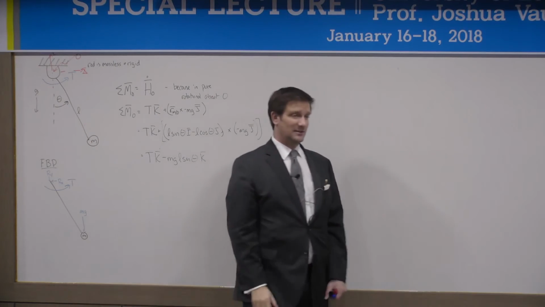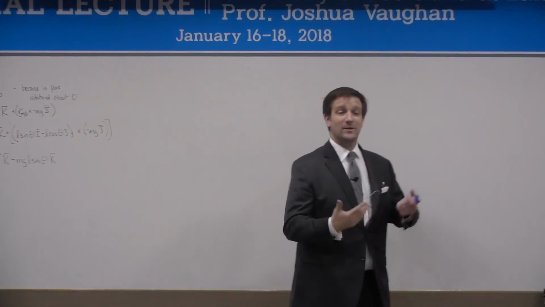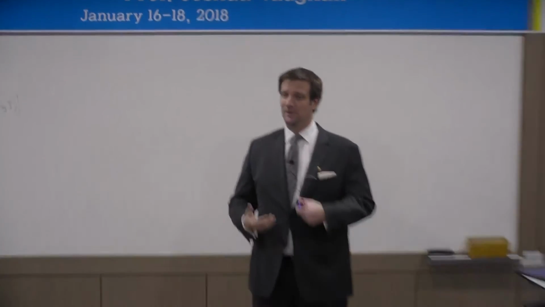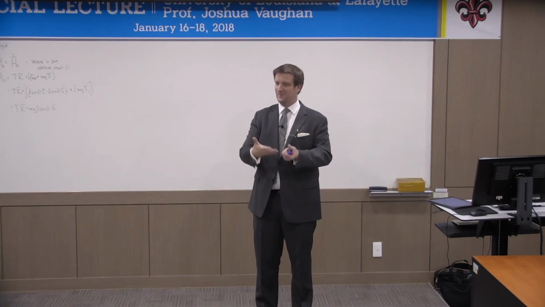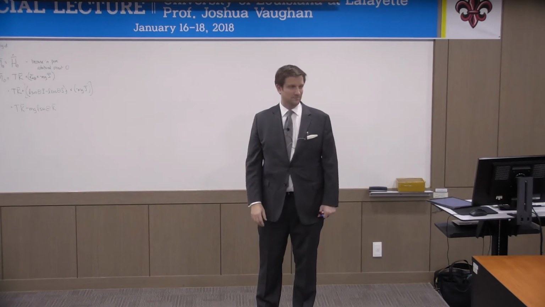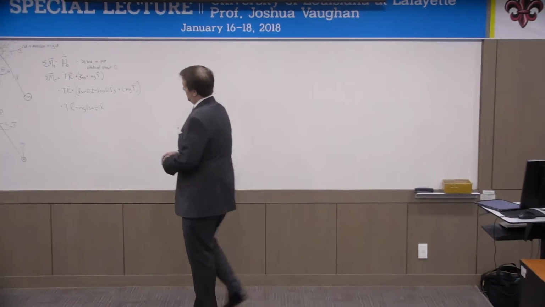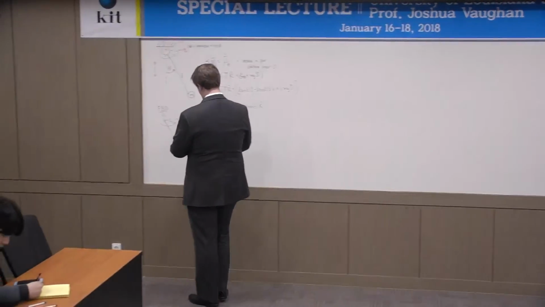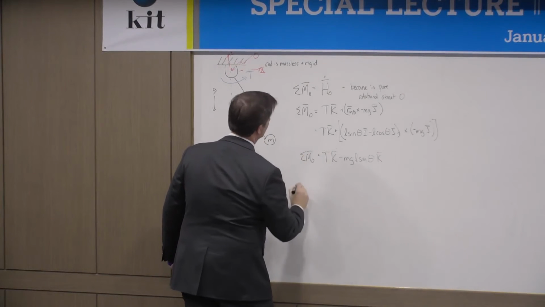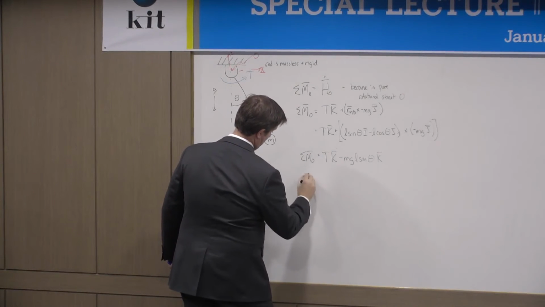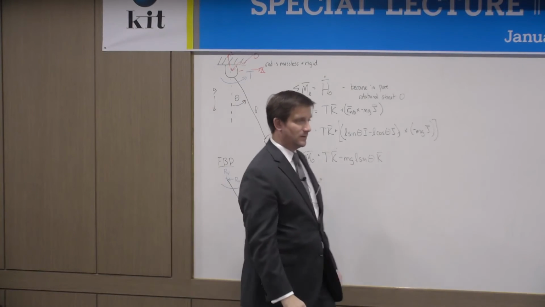So it makes intuitive sense. And that's another check you always want to do when you're developing an equation of motion: think about, do these equations really make sense for the physical system I'm trying to describe? Okay, so that's the sum of the moments part of it. What's the change in angular momentum?